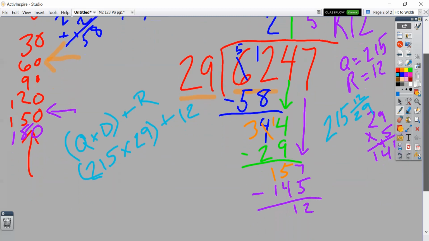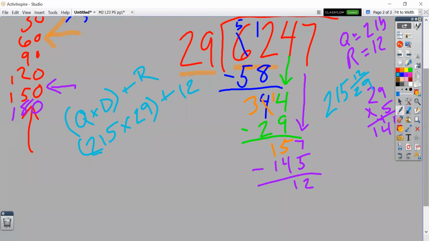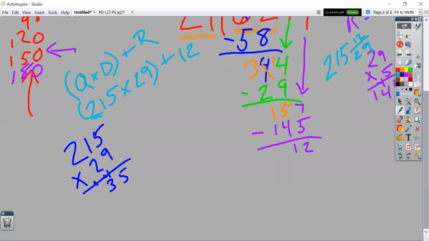Well, I don't know about you, but I do not know what 215 times 29 is. So I'm just going to have to set it up and solve for it. 9 times 5 is 45, 9 times 1 is 9, plus 4 is 13. 9 times 2 is 18, plus 1 more is 19.